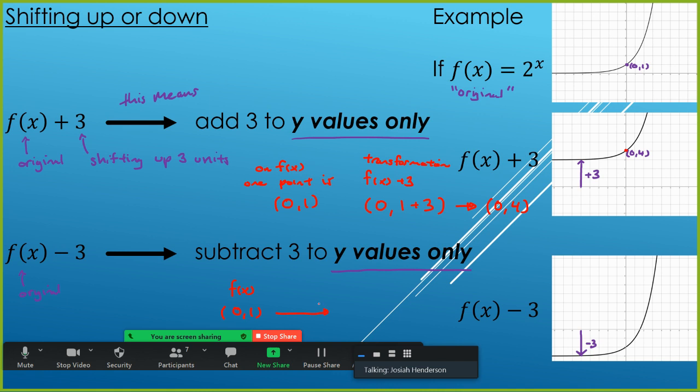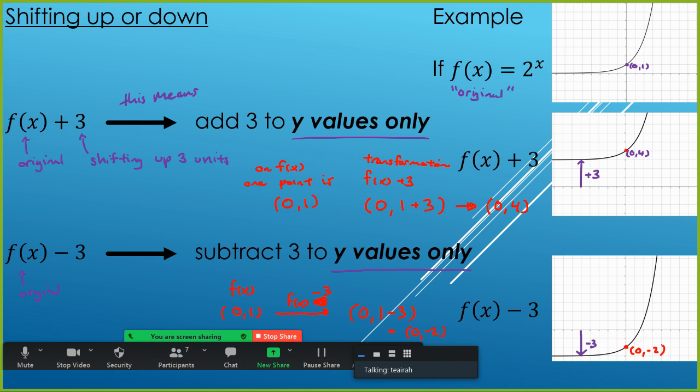We transform by doing f of x minus 3, so we subtract 3 from just the y this time. So 0, 1 minus 3. 1 minus 3 is negative 2. So 0, negative 2. And sure enough, on the black function line, we see 0, negative 2.